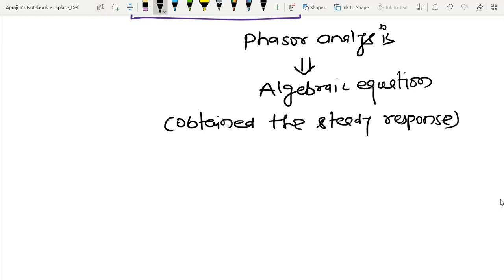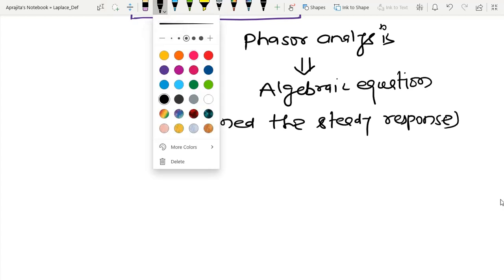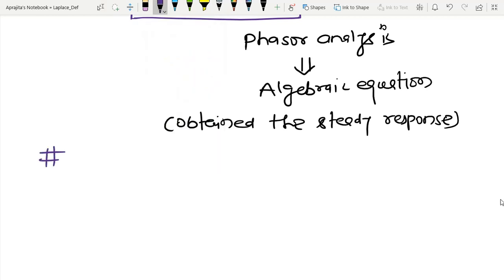So what I am going to do in this part, first I am going to talk about mathematical modeling. So mathematical modeling means we are going to derive the differential equation in terms of voltage and current.